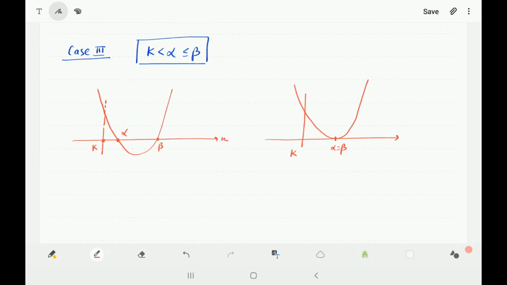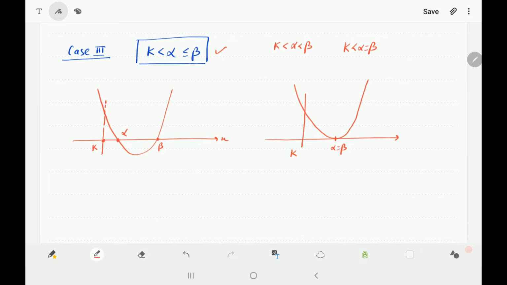In this case, k is less than alpha less than equal to beta. I have drawn only upward parabolas here, because we already know that the first condition will be dependent on a into f of k. There are two possible cases. One is that k is less than alpha less than beta, and the other is that k is less than alpha equal to beta, and we combine them both to get this condition, k is less than alpha less than equal to beta.